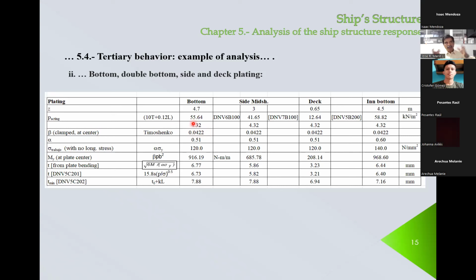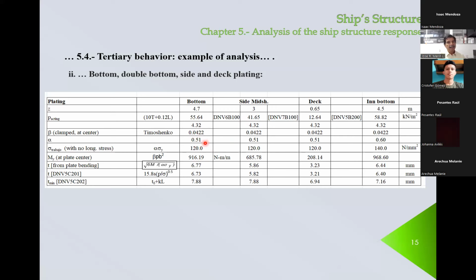Remember that this is a discussion from two class sessions ago, where we said that when we have a plate with different stiffeners, the model to analyze this is not an all-clamped plate, because the stiffeners have to rotate a little bit, and when they rotate, the boundary condition is not clamped anymore. So this causes a redistribution, and more or less, the bending moment on the side and the bending moment at the center of the plate are the same. So in this case, that's what we are doing.